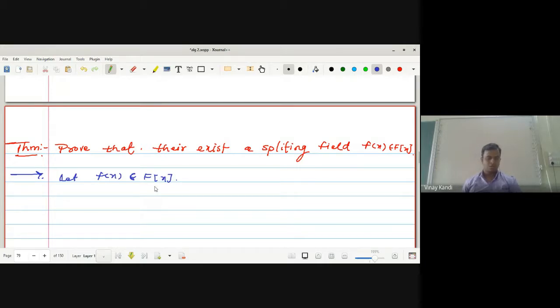Of degree smaller. Okay, so by the previous theorem, what is the previous theorem?